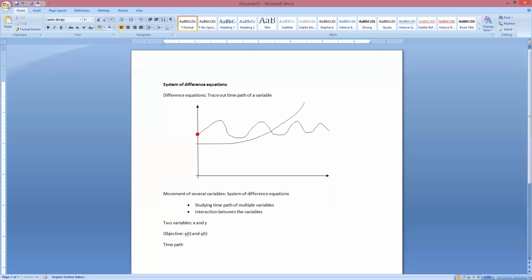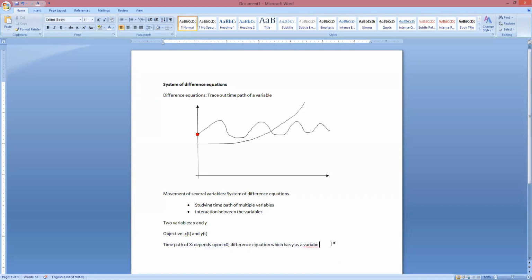So the time path of x depends upon x0, that is the initial point of x, and is defined by a single difference equation which has y as a variable.